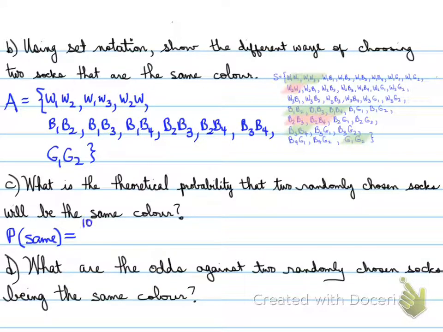So there are 10 possible same color combinations over the total sample space, which is 1, 2, 3, 4, 5, 6, 7, 8 here. 1, 2, 3, 4, 5, 6, 7. 1, 2, 3, 4, 5, 6. 1, 2, 3, 4, 5.